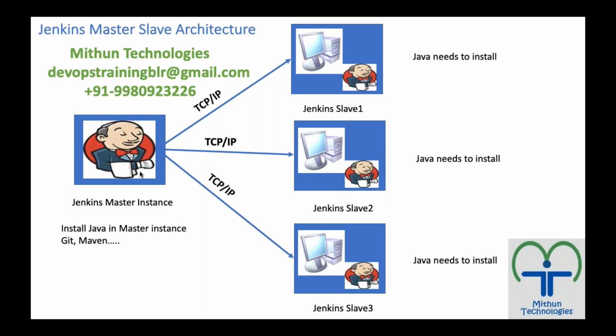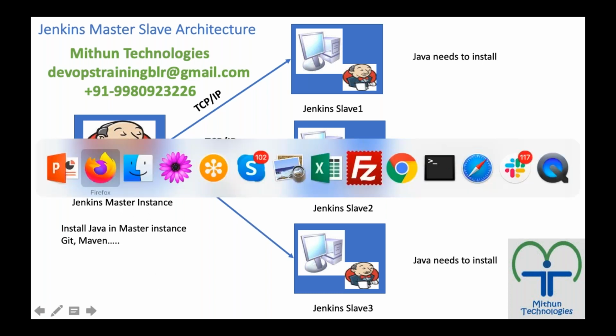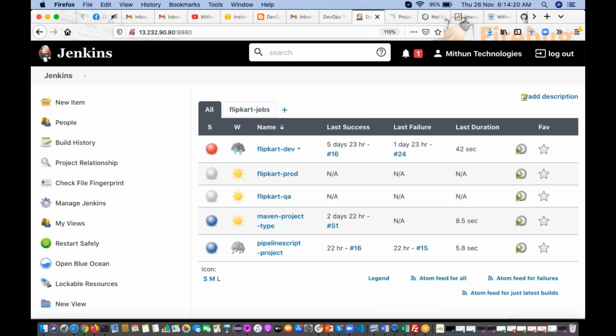So first of all, why do we need to create this master slave architecture? Why? See here, assume in this Jenkins master instance you have created hundreds of jobs.